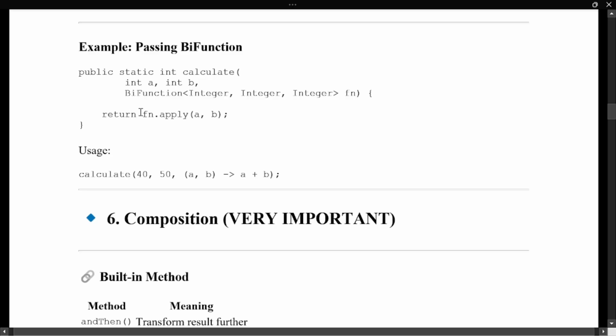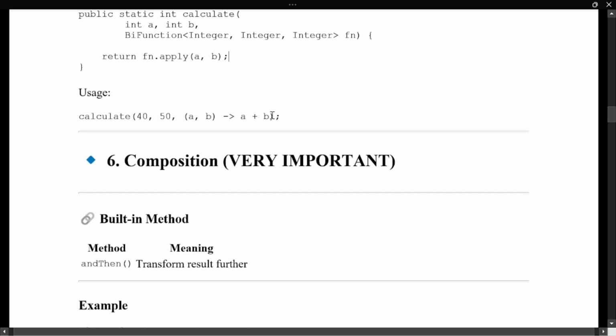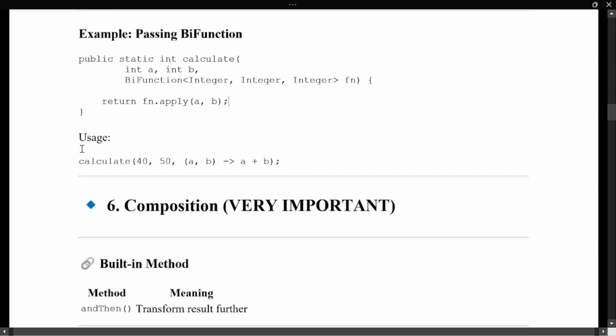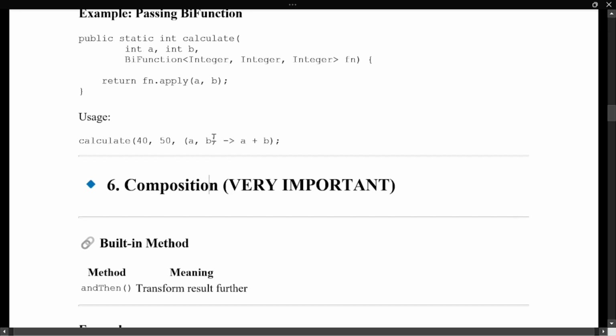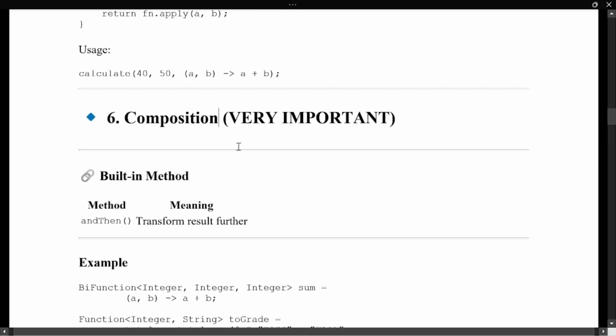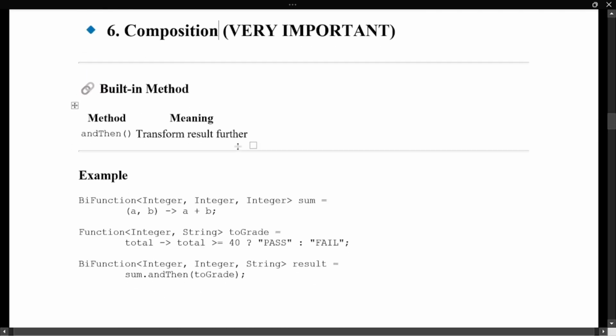It returns fn.apply(a, b). Here we are passing 40, 50, and the BiFunction (a, b) lambda operator a plus b. So, composition.